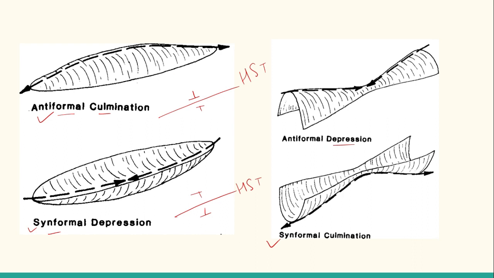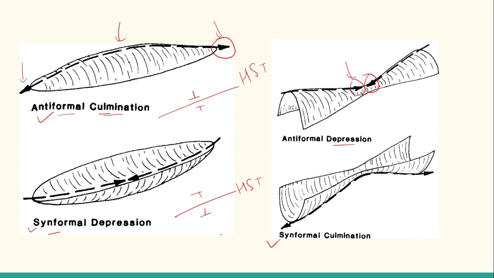In a map view you will not be able to identify whether it is bulged or downwarped, because in the map it will all be flat. Unless these arrows are representing the direction of plunge of the fold axis, you cannot comment whether it is a culmination or a depression. Even after these arrows are given, how do you interpret?